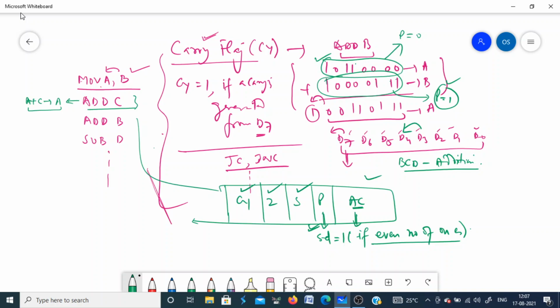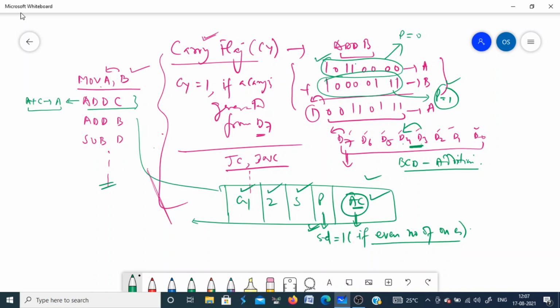Whenever some arithmetic operation generates a carry from the D3 to D4 bit, this auxiliary carry flag is set, otherwise it is reset.